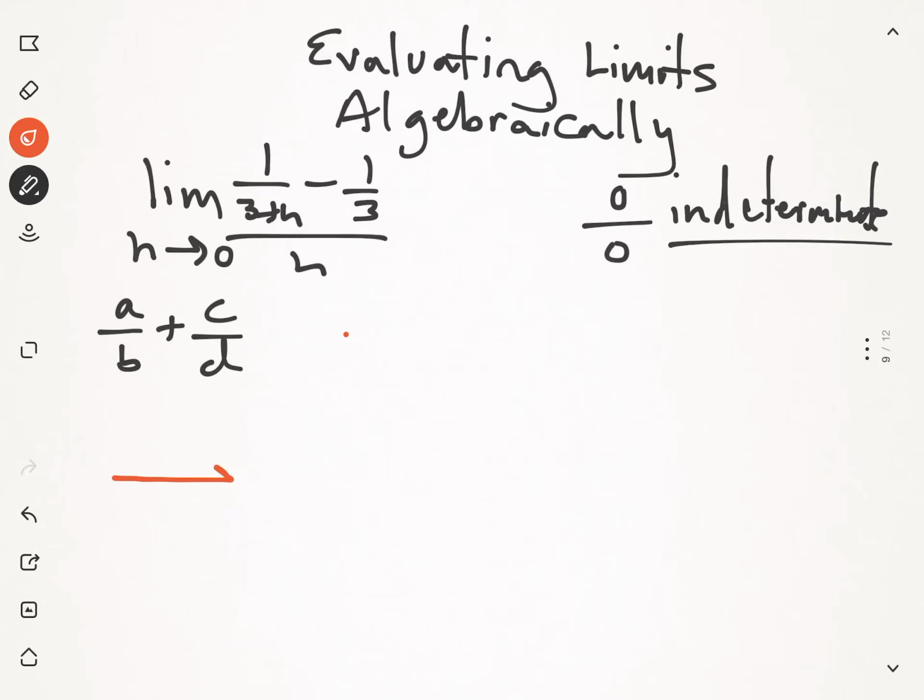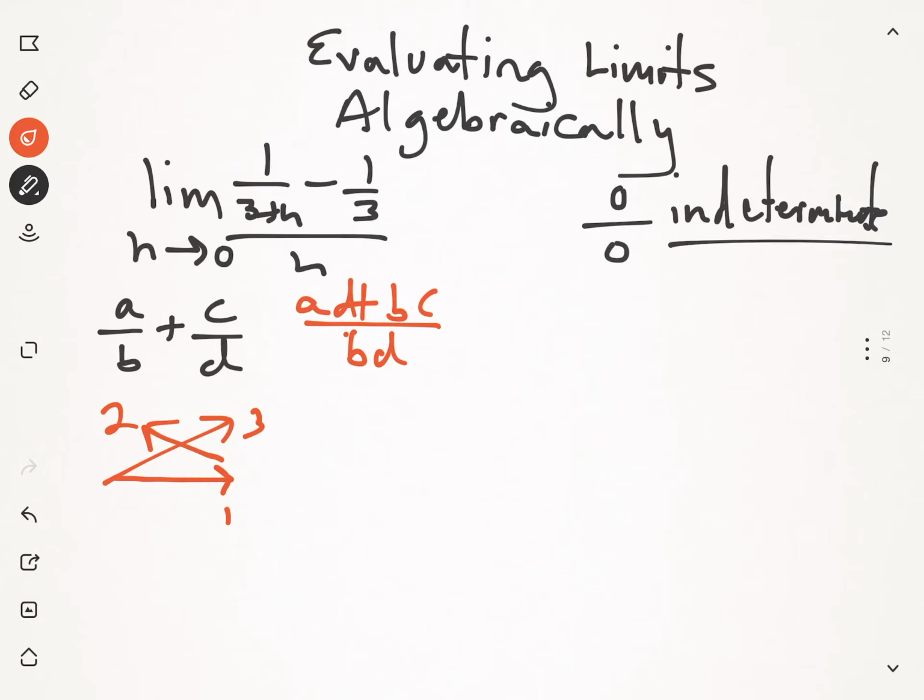So step 1 would be to multiply b times d, and you would get bd. Step 2 would be to multiply a times d, and you would get ad. And the last one, b times c, you would get bc. Put a fraction there and add them up.